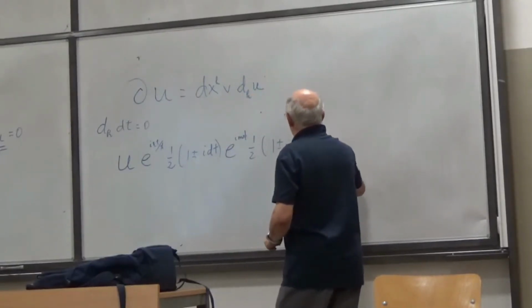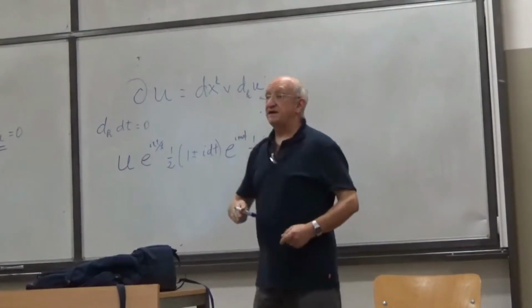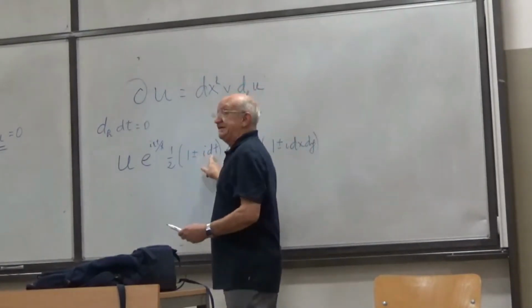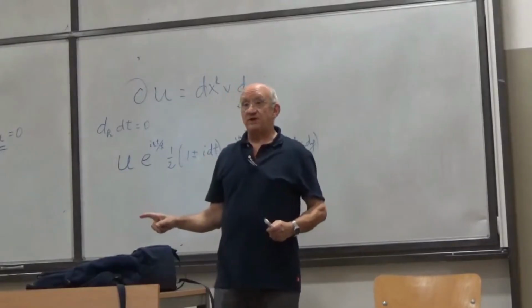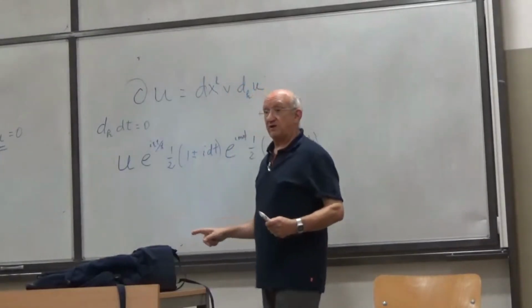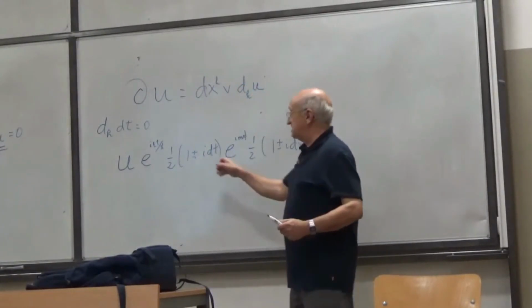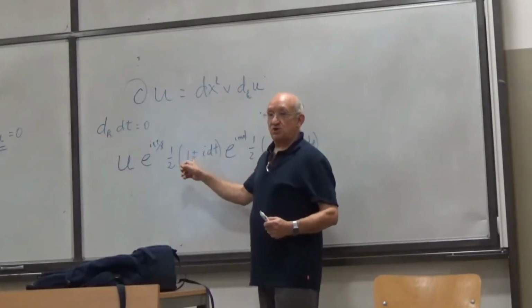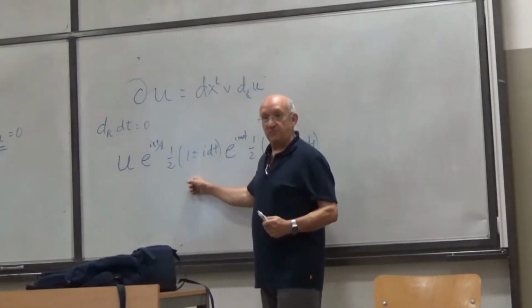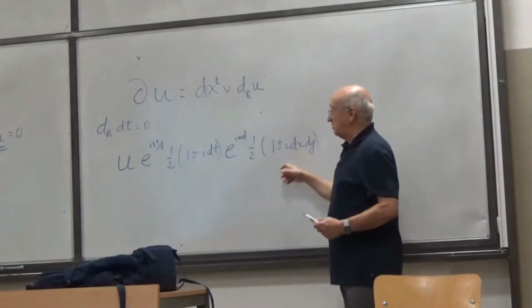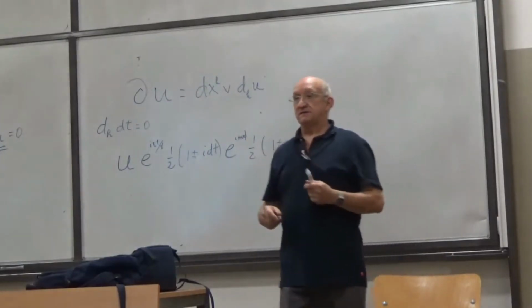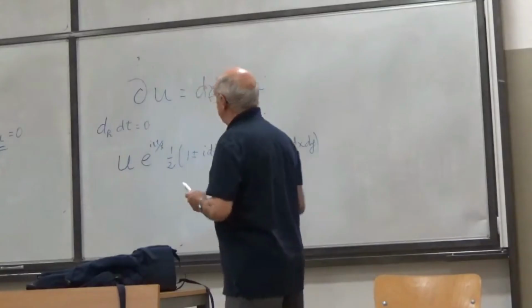The i is necessary because the square of dt is -1, and we need +1 in order to have an idempotent. So this is an idempotent, and it is a constant idempotent. The products are also constant idempotents.